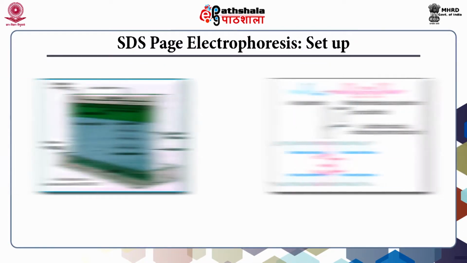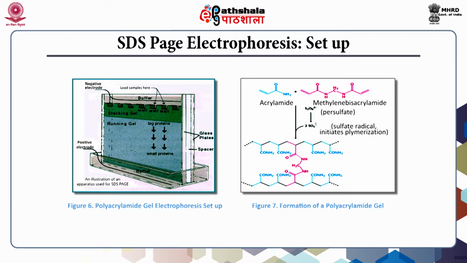Electrophoretic separations are mostly performed in gel which serves as a molecular sieve. A typical setup for SDS-PAGE electrophoresis you can see in this figure. The electrophoresis is performed in a thin vertical slab of polyacrylamide gel formed by the polymerization of acrylamide and cross-linker N,N'-methylene bisacrylamide.